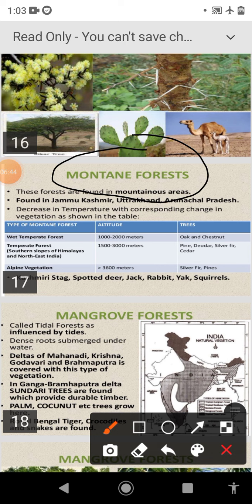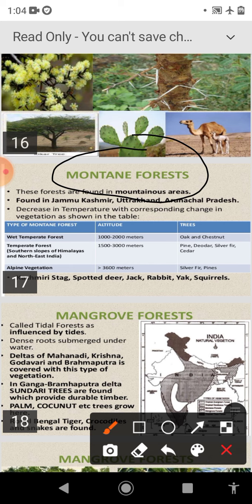With regard to the mountain forests, these forests are found in the mountainous regions of our country. The decrease in temperature with increasing altitude leads to the corresponding change in natural vegetation.